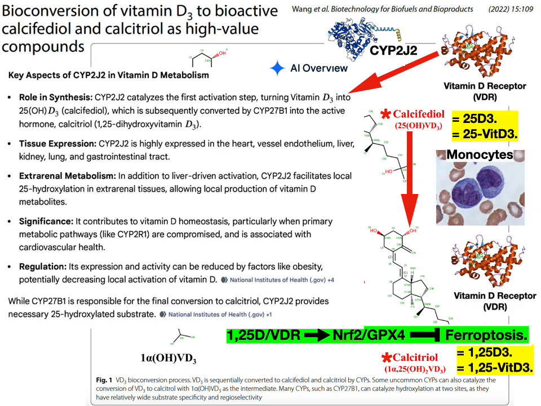While CYP27B1 is responsible for the final conversion of calcitriol, CYP2J2 provides necessary 25-hydroxylated substrate. What they're saying is that the production of calcifediol locally within immune cells, and I would add epithelial cells like the corneal epithelium, that provides the substrate which is needed for the cells and tissues to locally produce calcitriol.